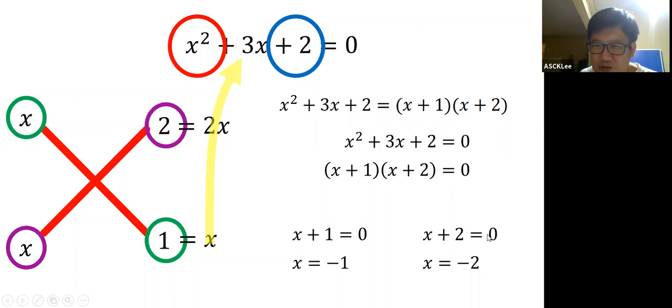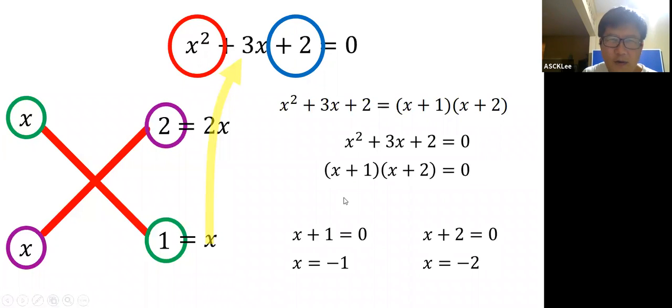And if x plus 2 equals 0, then x equals minus 2, and you have solved it. Very simple. Look at that, you have precise values. Minus 1 and minus 2 are precise values. You don't have to squint your eye, you don't have to have a fantastically drawn curve or fantastic eyesight. You have got the answer already by factoring the quadratic equation.